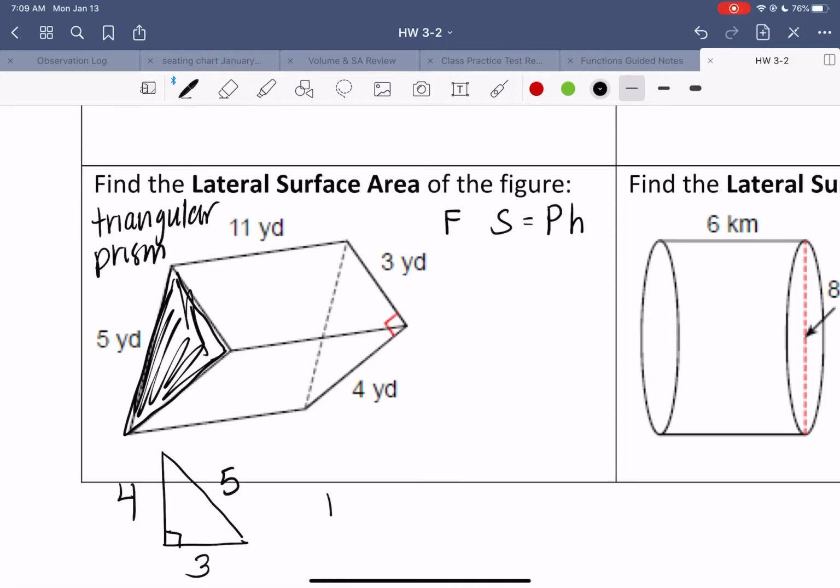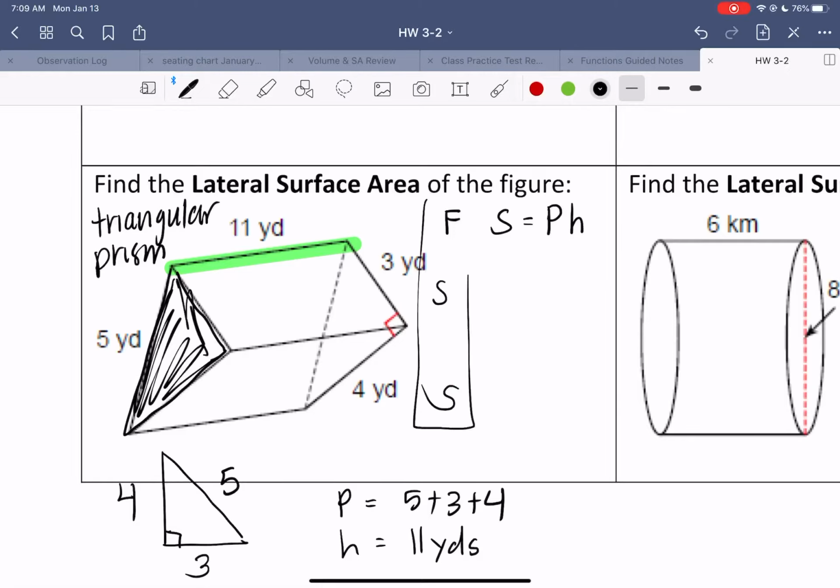So again, to find the perimeter, 5 plus 3 plus 4, and then the height is going to be this space between, 11 yards. When we substitute and solve from there, our formula will look like that with those numbers.